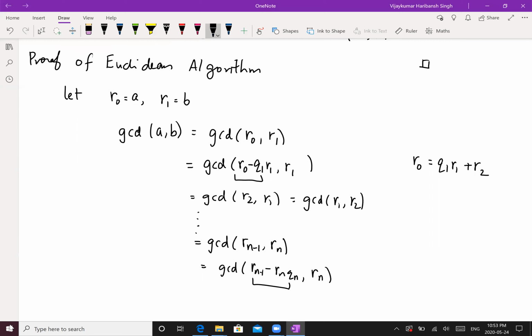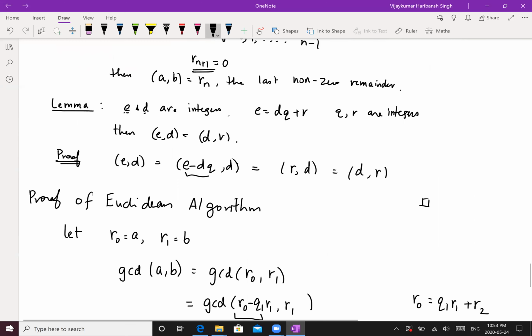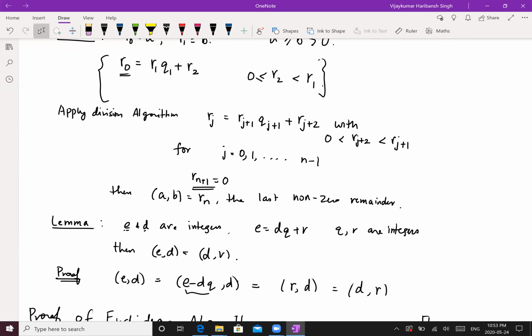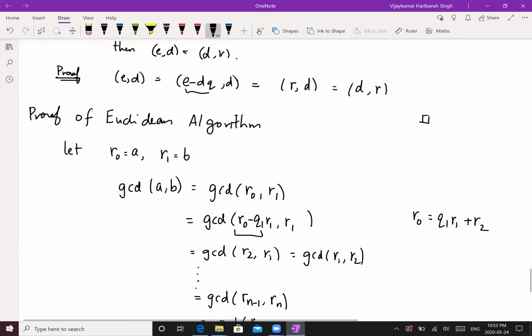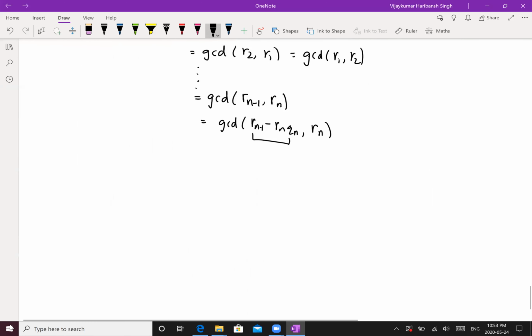Now this is going to be 0, right? So here you see that R(n+1) is 0. So we get GCD of 0, Rn, and Rn is non-zero. It's the last non-zero remainder, and that is the same as Rn.